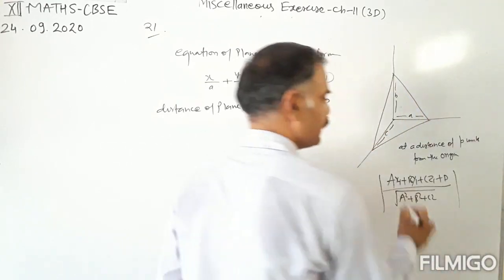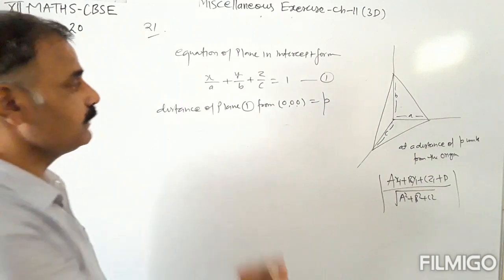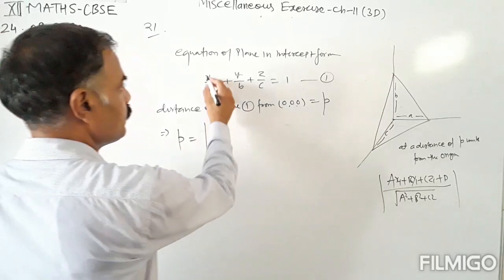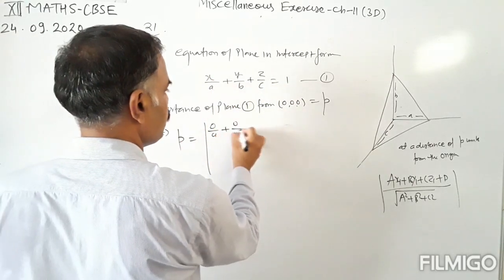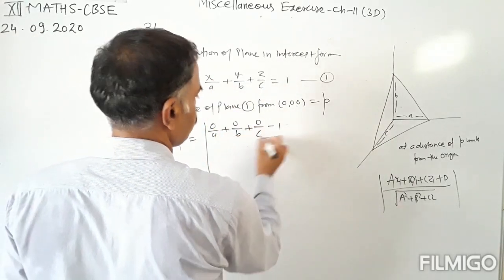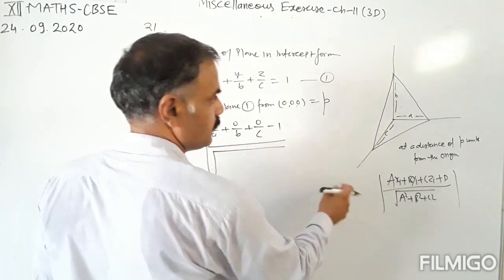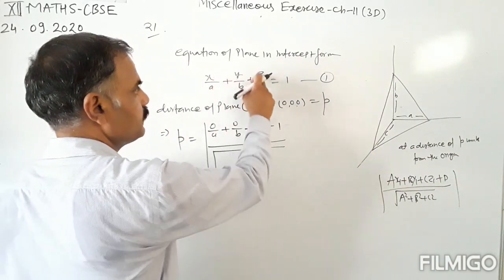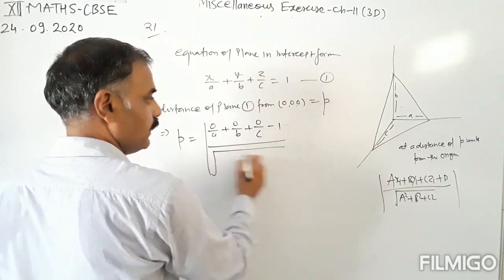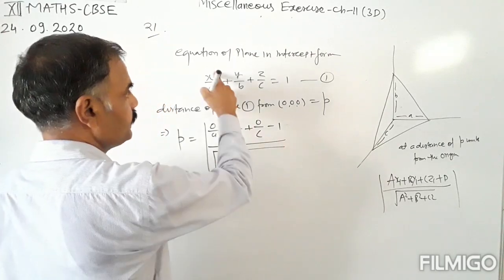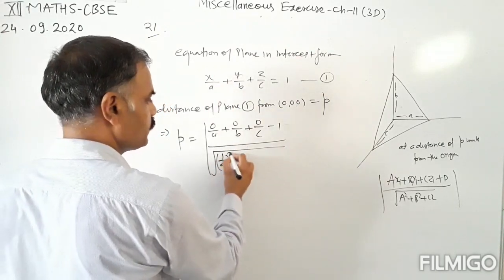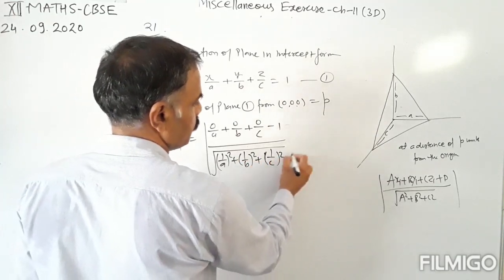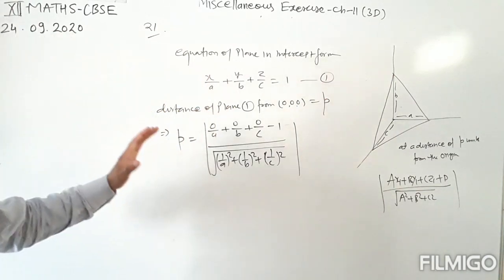Using that formula here, the distance P is equal to (0 upon A plus 0 upon B plus 0 upon C minus 1) upon the square root of the sum of squares of the coefficients: 1 upon A whole square plus 1 upon B whole square plus 1 upon C whole square. Distance from the origin means (0, 0, 0). Now we have to solve this.